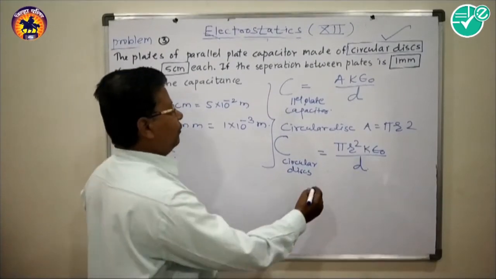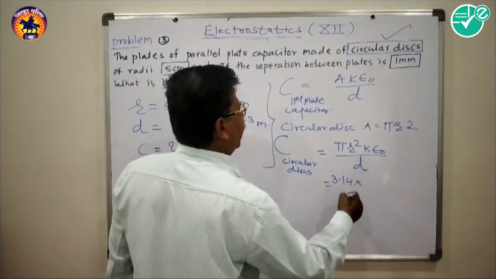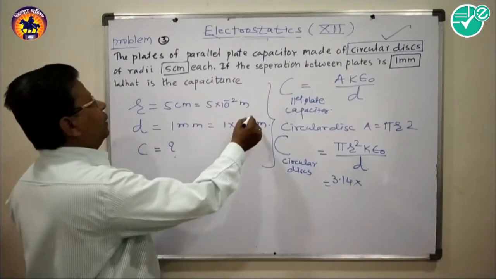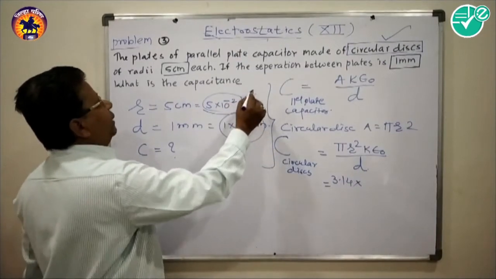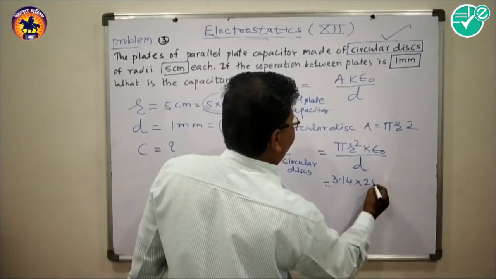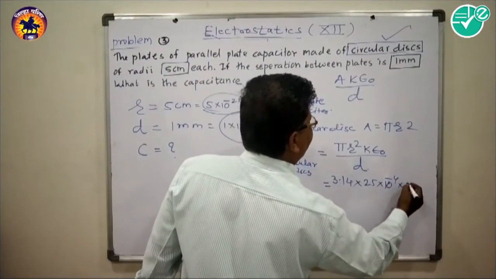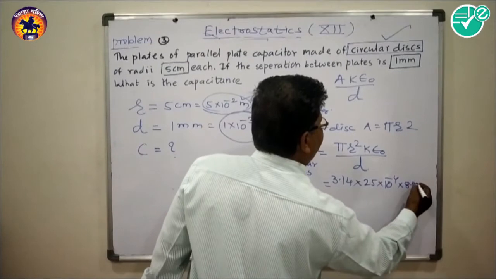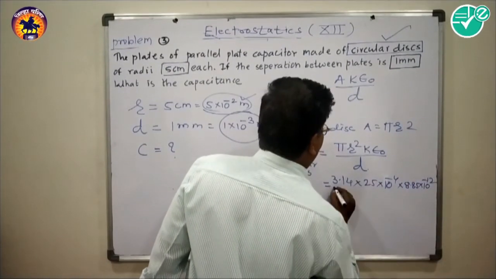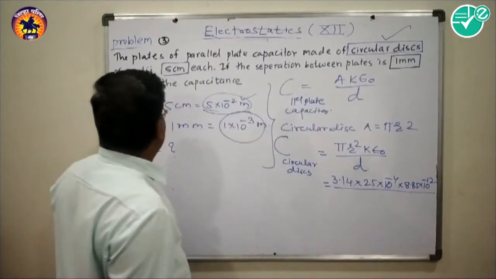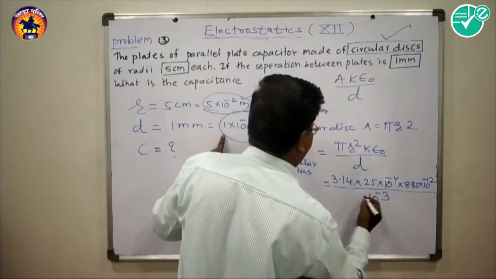And if we substitute values in this formula, 3.14 into radius square, which is 5 into 10 to the power minus 2, which becomes 25 into 10 to the power minus 4. Value of K is 1 and epsilon 0 is 8.85 into 10 to the power minus 12, divided by the distance, which is 10 to the power minus 3.